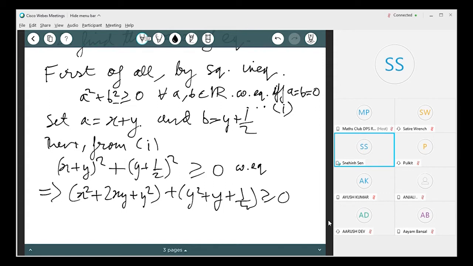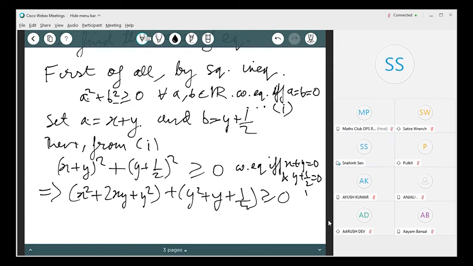This is important. If and only if x plus y equal to 0, and this is a, x plus y is a over here, so a equal to 0 and b equal to 0. So what's b? y plus half. So y plus half equal to 0.